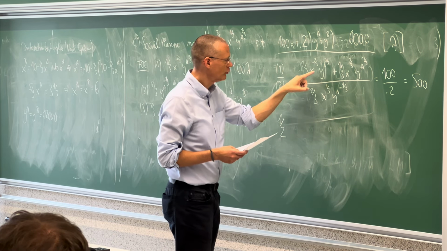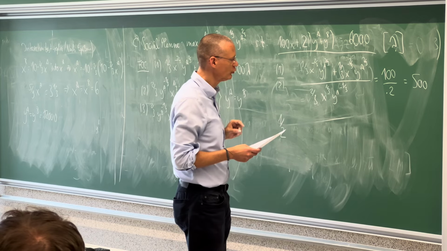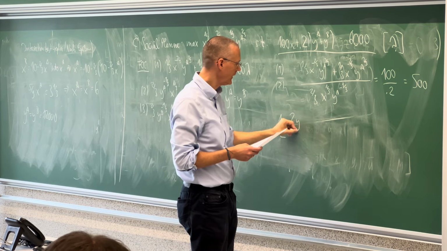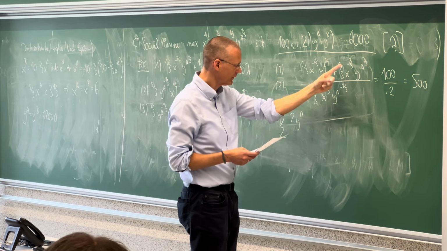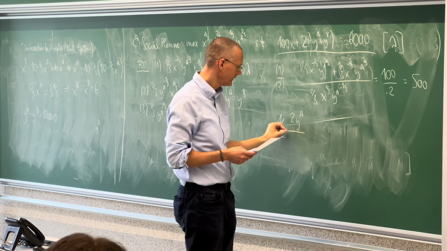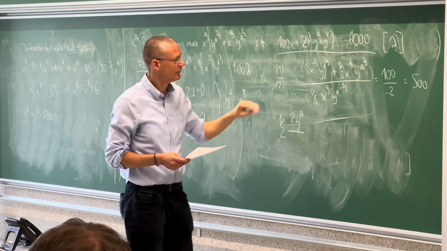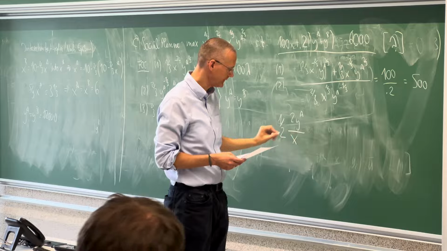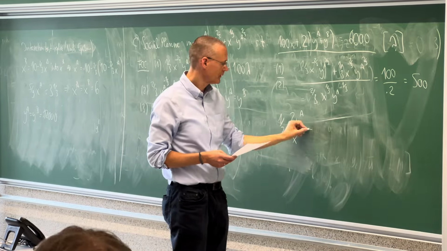And here we get 2 YA elevated to 2/3, and then plus 1/3 goes up, so 2/3 plus 1/3 is 1, the exponent disappears, and down there we get the x 2/3 go down, with the 1/3 here becomes a 1/2. This is equal to 500.